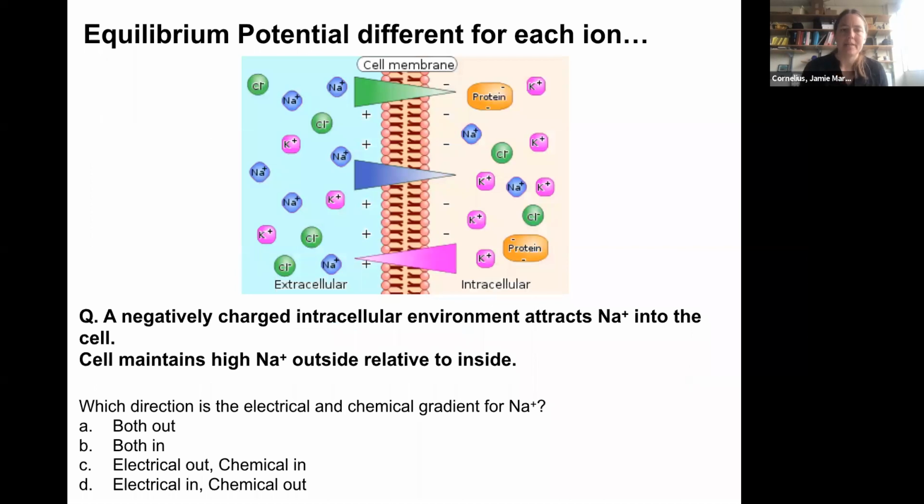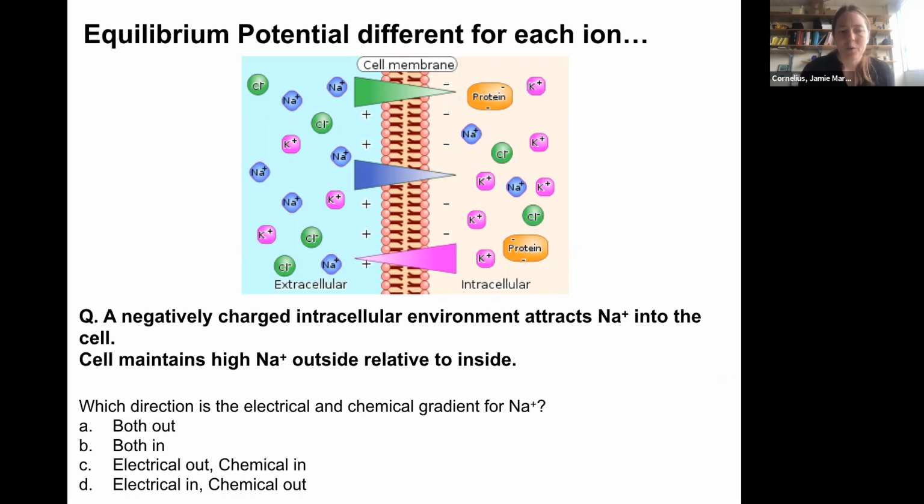The equilibrium potential is different for each ion, and that's largely because concentration gradients are different and whether or not they're more concentrated on the inside or the outside of the cell. So in this question, notice the inside of the cell is on the right of the cell membrane, and the extracellular environment is on the left. And in the picture, you can see the negatively charged intracellular environment that attracts sodium into the cell.